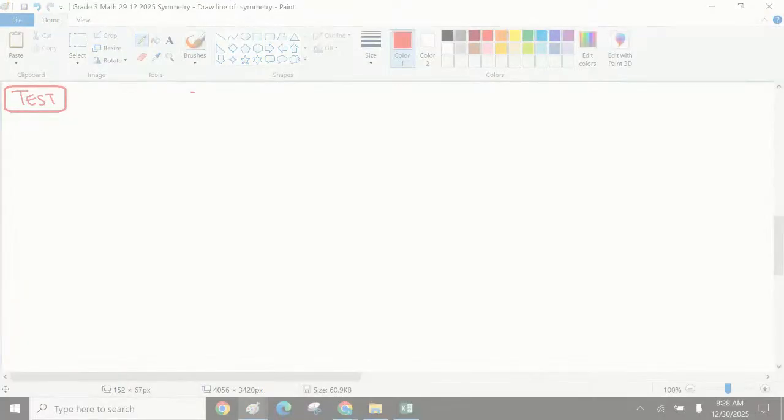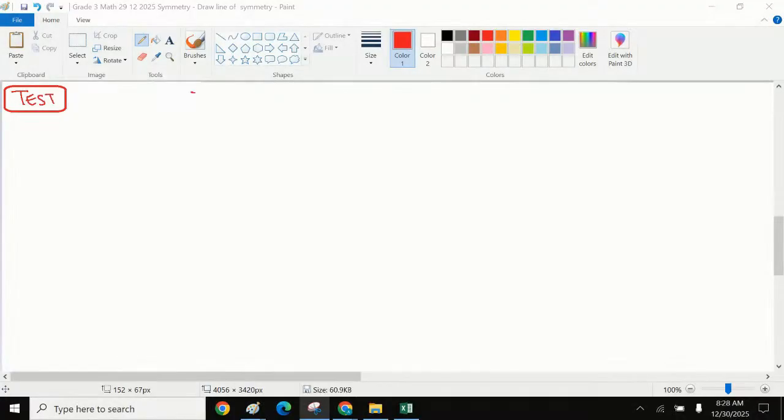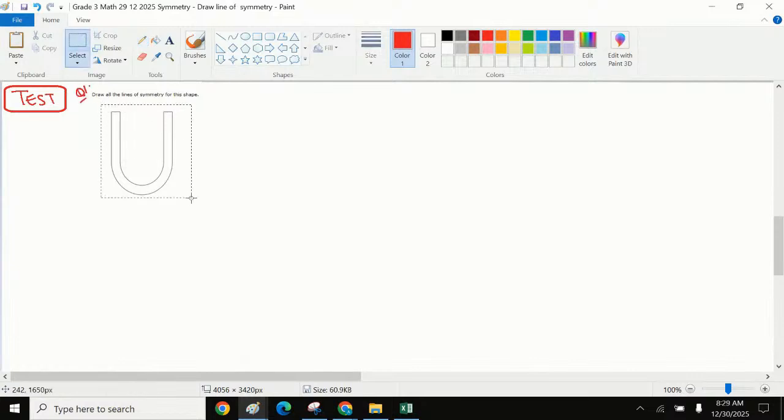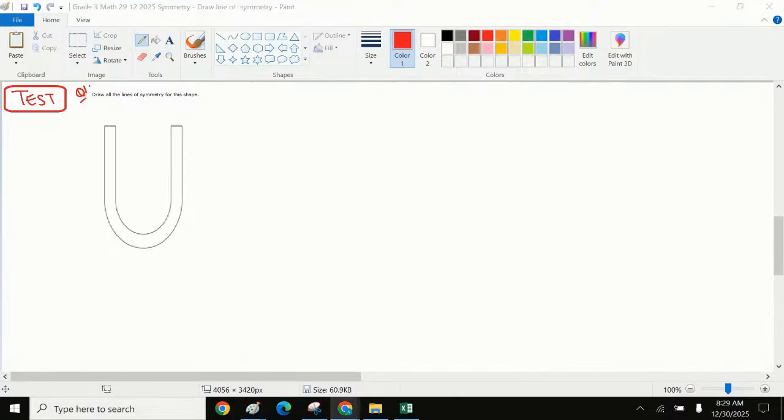If this was the question given to us, question number 1, I'll draw down the options. Question number 1: draw all the lines of symmetry for this particular shape. That is the alphabet U. I'll just make the 2 options for us.